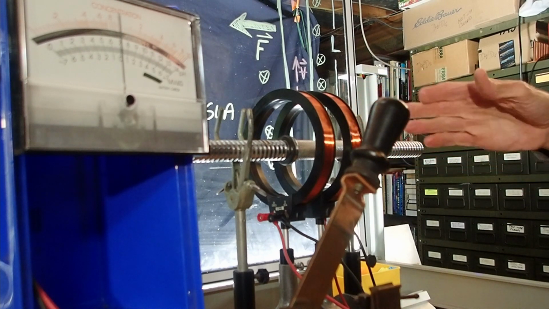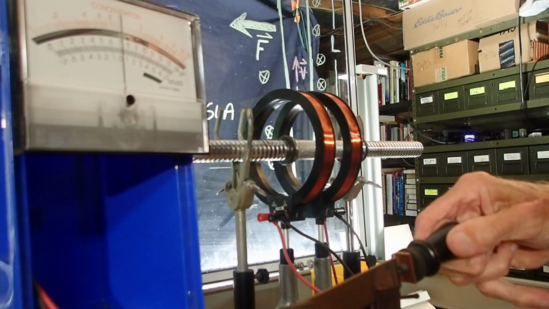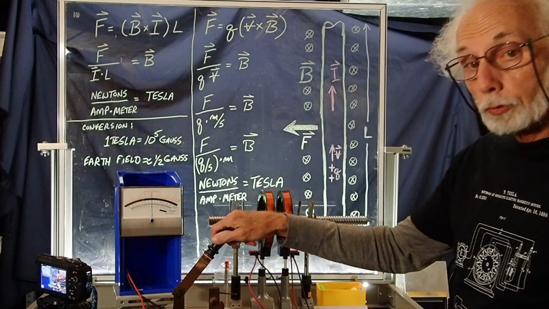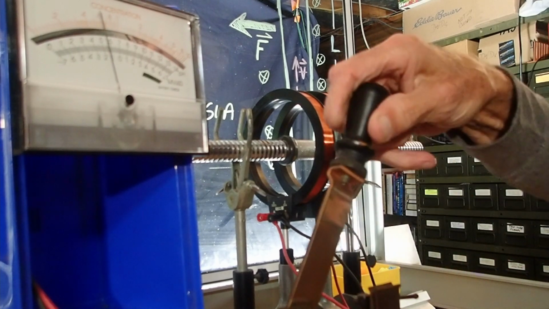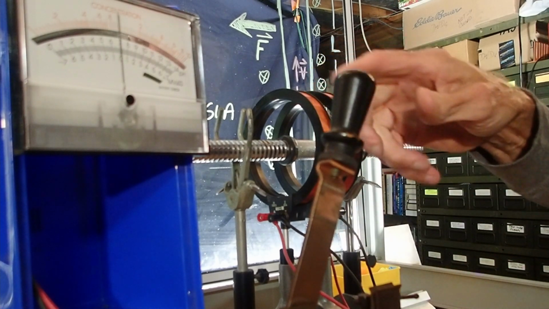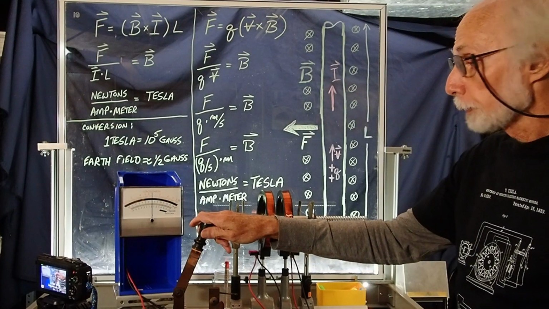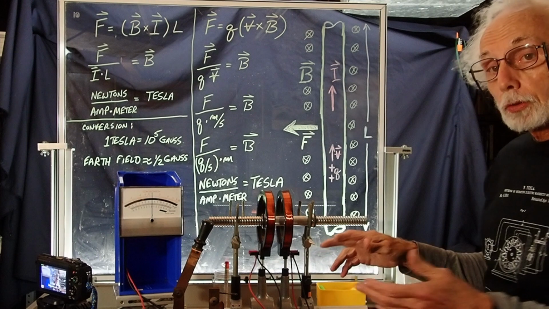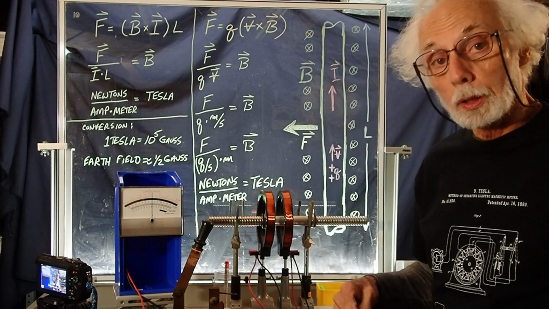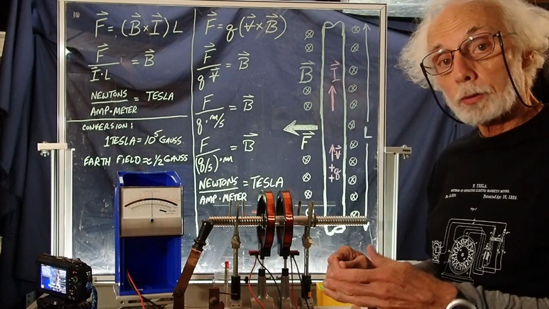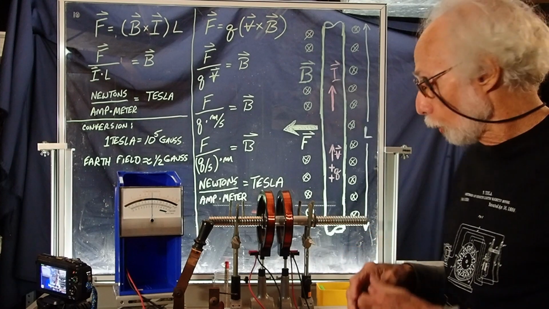So let's see how effective this core has been. Well, now the needle moves tremendously because we have a bigger change in the magnetic field. And so when the magnetic field changes in one way, it goes up. When it changes in the other way, it goes down. We have to be attentive to the fact that these changes can happen 4 ways. Not just the fact that it rises or falls, but remember, magnets have poles.